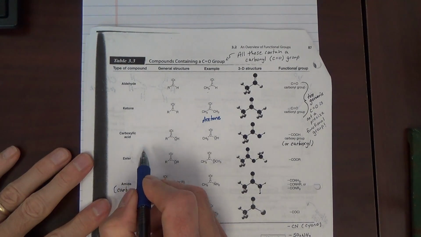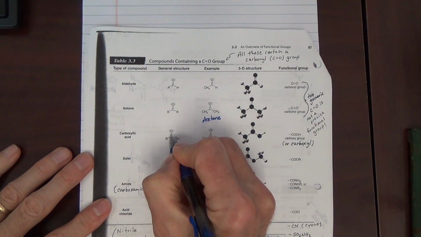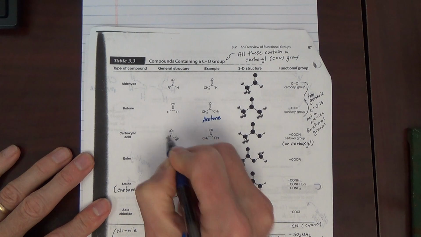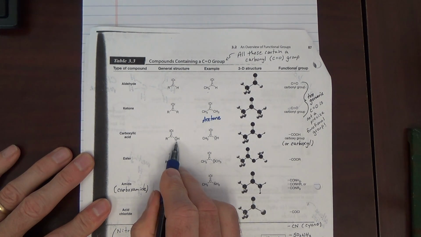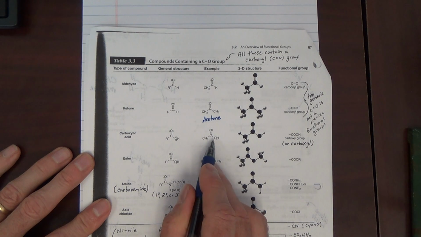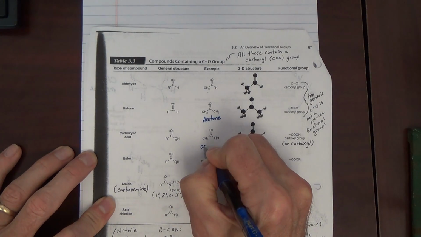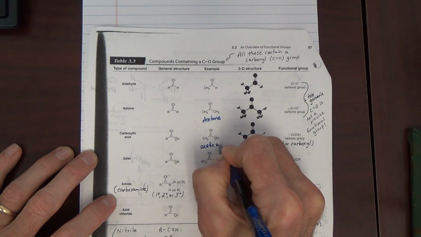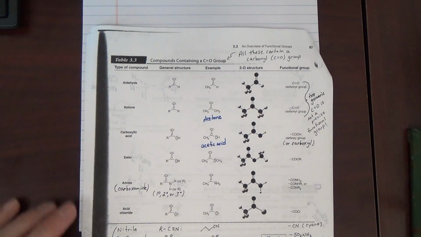Next is a carboxylic acid. That's where you have a carbonyl with an R group on one side and an OH group on the other. And this is a simple example of a carboxylic acid. That is actually acetic acid. Another common name.